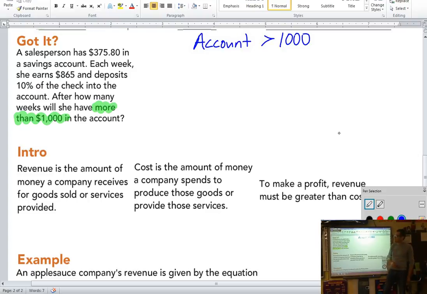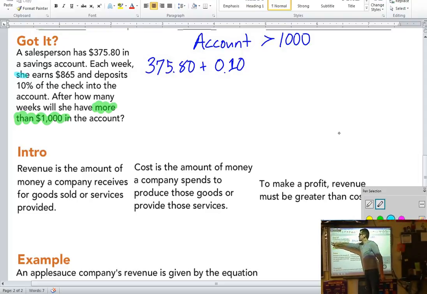We do 375.80 plus 10% or 0.10 times 865. Here's the interesting part here. She earns $865 each week and deposits 10% of that check into the account.